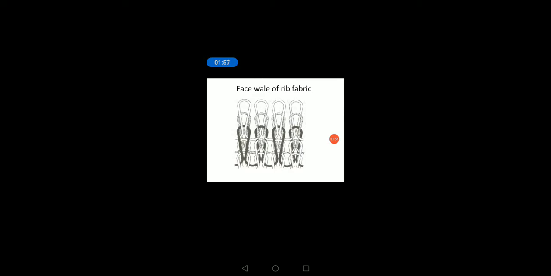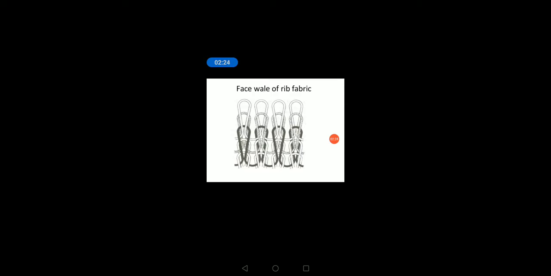In the first type of symbolic representation, the diagrammatic representation of fabric, the two legs are showing in the face side, and another line is totally back side, and another one is showing face and another one is back. In that second loop formation, the back side is called back, and the second one is showing face.